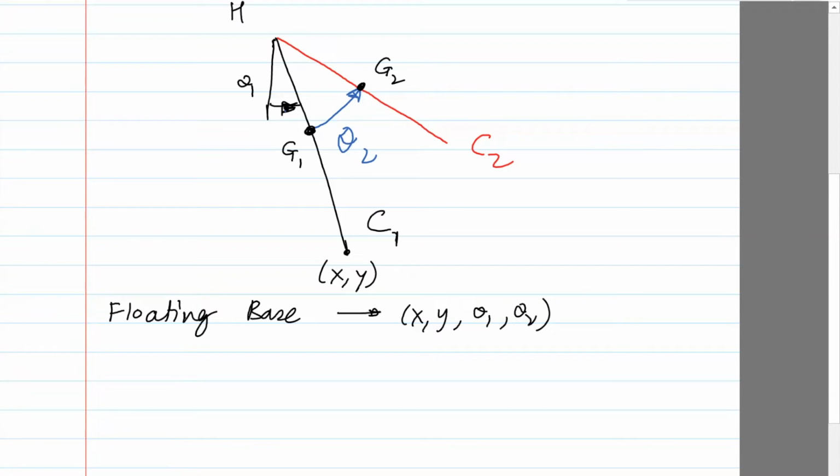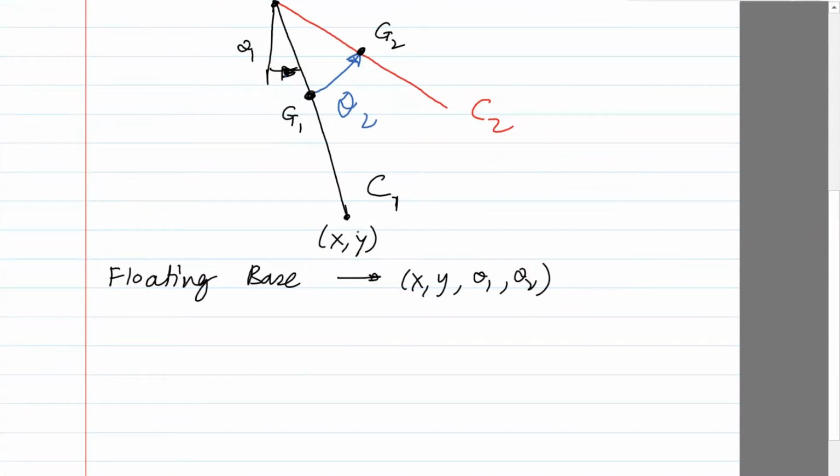Sometimes people will put the floating base at the hip joint, that is, they would have x and y over there, which is another way of doing it. It turns out that if you put x comma y at the stance leg, there are some simplifications which come with it, and that's what I'm trying to do.